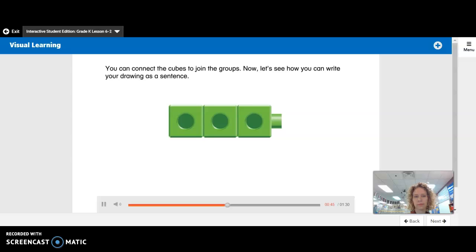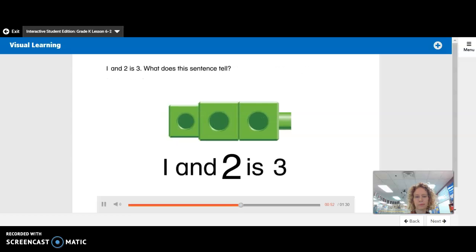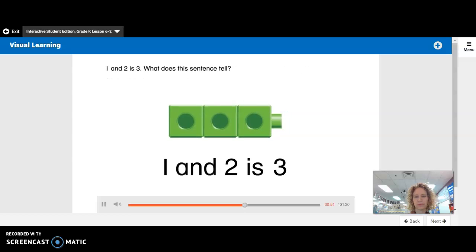Now, let's see how you can write your drawing as a sentence. 1 and 2 is 3. What does this sentence tell? It tells how many boats there are altogether when you join the groups.